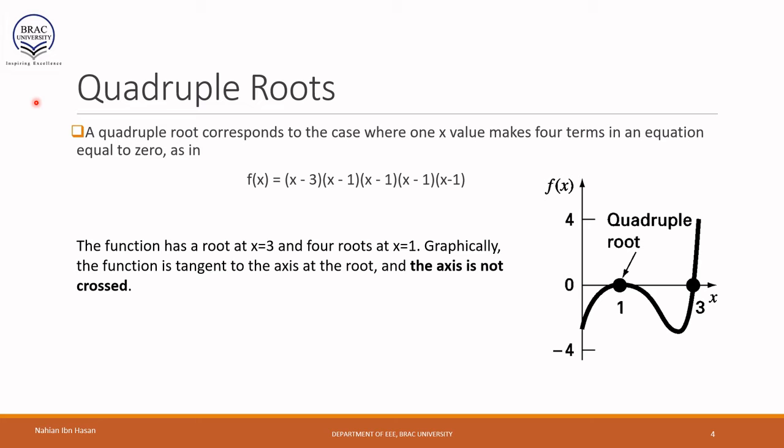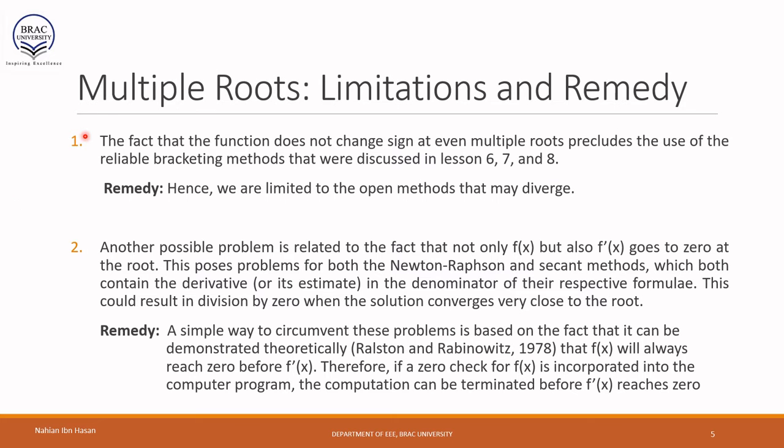There are some approaches and tricks that we are going to follow. For example, in the case of even multiple roots, that means 2 roots or 4 roots or 6 or 8, we are not going to use any bracketing method. In the bracketing method, the condition was that in the vicinity of the root we assume a boundary, and within that boundary there is going to be one root, and the function values at the two boundary locations will be different.